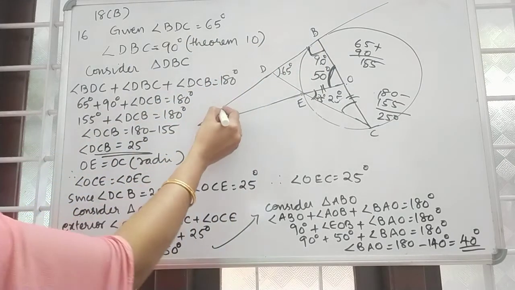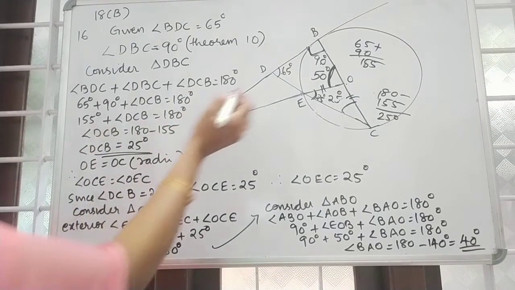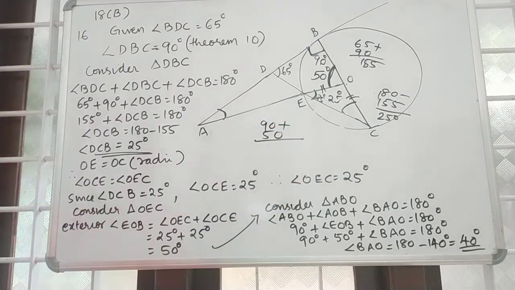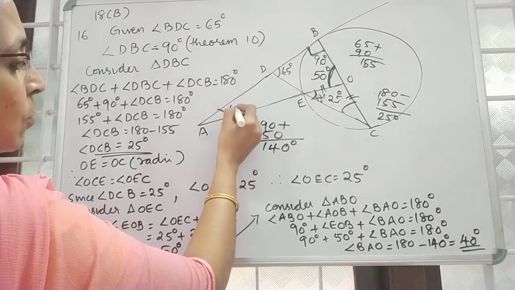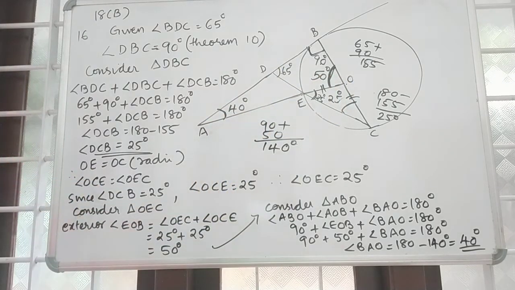So BAO will be 180 minus the sum of 90 and 50. 90 plus 50 is 140. So 180 minus 140, this angle will be 40 degrees. BAO is equal to 40 degrees.